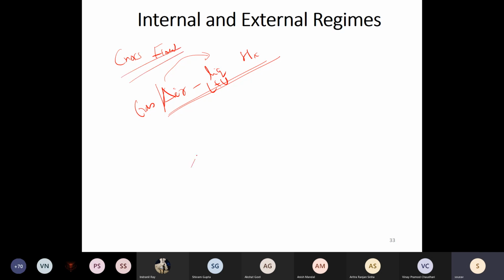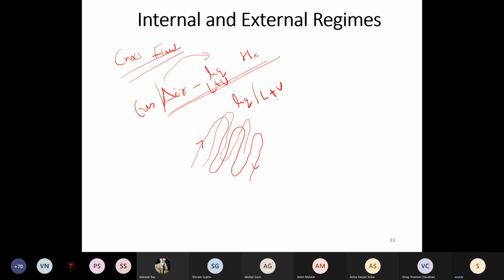Cross flow type is you have one tube like this. Okay, you can have banks of such tubes, maybe two or three, either in series or parallel. So this is the flow direction of the liquid or the liquid plus vapor, whereas the air or the gas flows perpendicular to it.